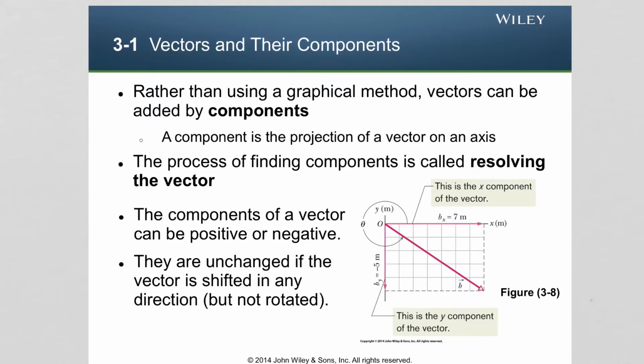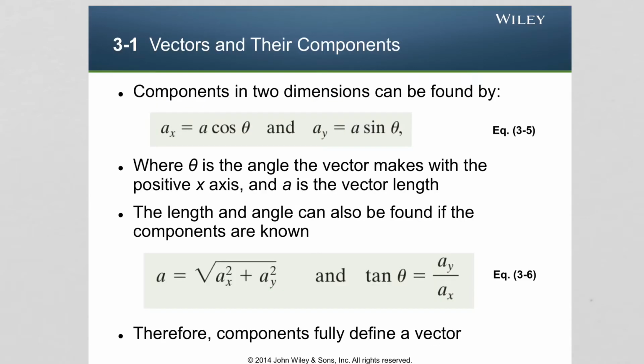So how are these two components, the x and the y component of the vector, related to the vector itself? So let's first assign an angle that the vector in that two-dimensional coordinate system makes with the positive x-axis. Let's call this angle theta.